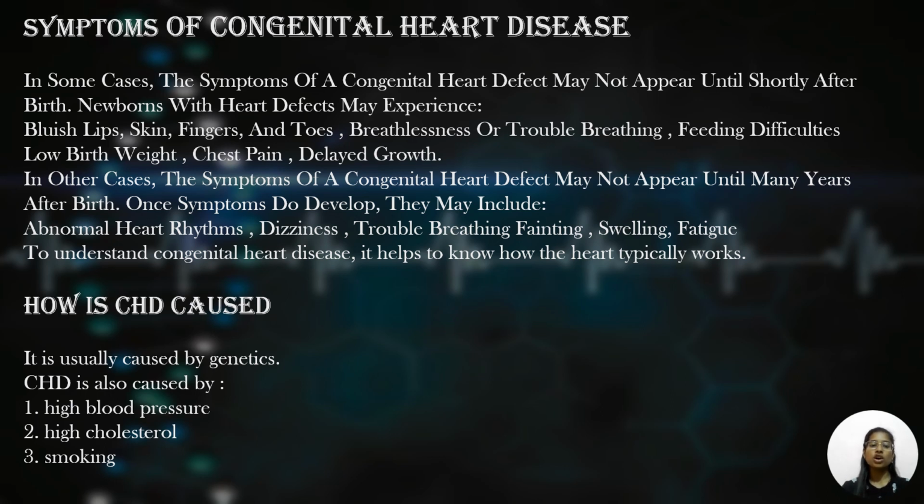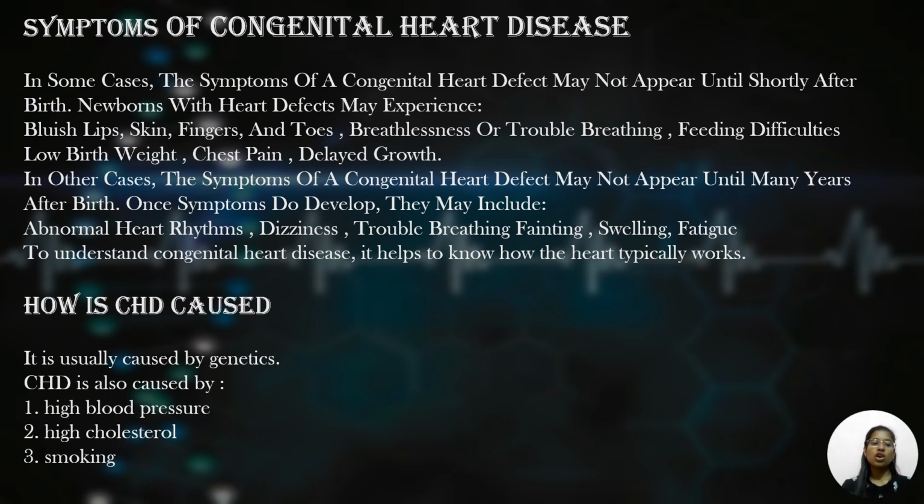Common symptoms in adults include irregular heart rhythms, blue skin, lips and fingernails, shortness of breath, feeling tired very quickly with activity, and swelling of body tissue or organs. Other symptoms include dizziness, trouble breathing, fainting, and swelling. These are the symptoms of congenital heart disease.